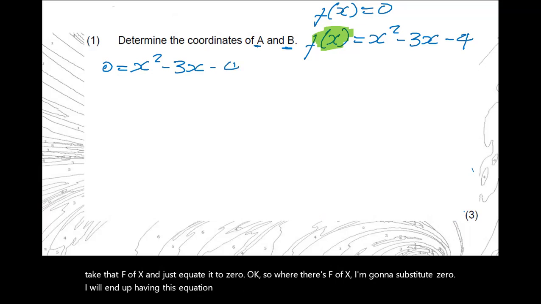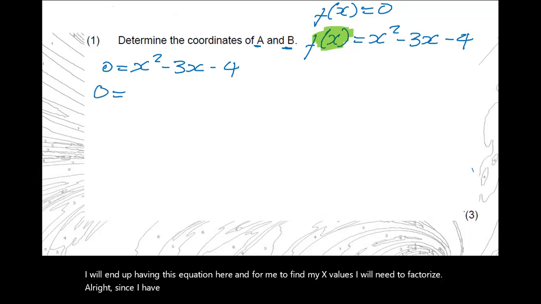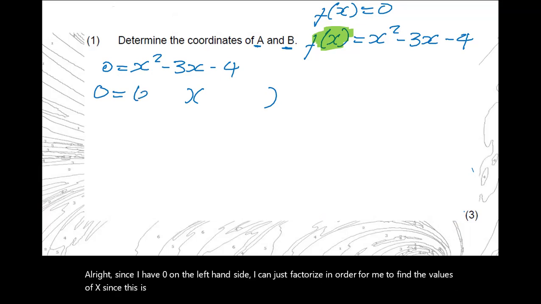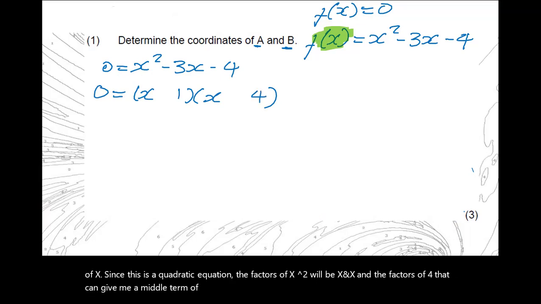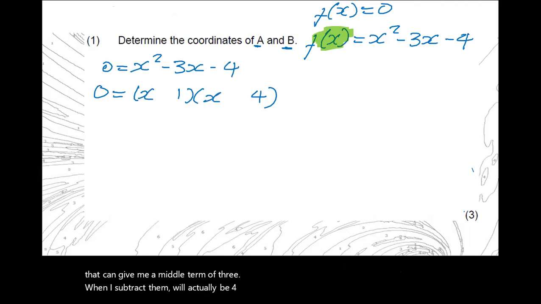And for me to find my x values, I will need to factorize. Since I have 0 on the left-hand side, I can just factorize in order to find the values of x. Since this is a quadratic equation, the factors of x squared will be x and x, and the factors of 4 that can give me a middle term of 3 when I subtract them will be 4 and 1. 4 times 1 gives me 4, but 4 minus 1 gives me the middle term, which is 3.